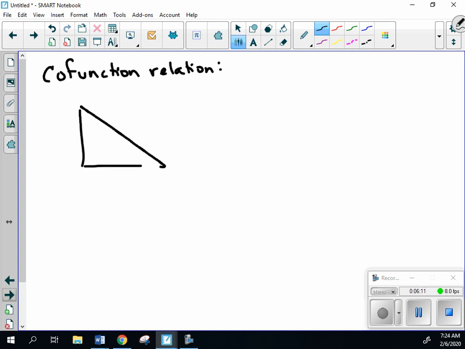So let's say, for instance, you have a right triangle, and this angle is, let's go with 35. By default, we'd have to find that other angle measure, which is going to be 55. Not that bad, because we know that the total degree measure of a triangle is 180. But here's what I'm trying to say.